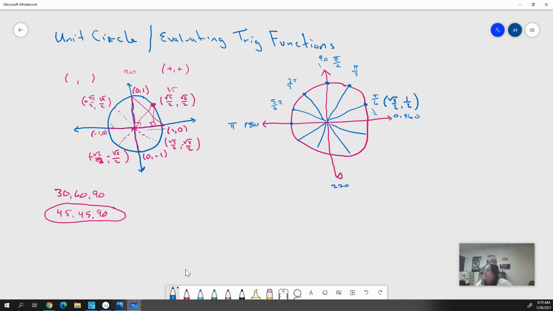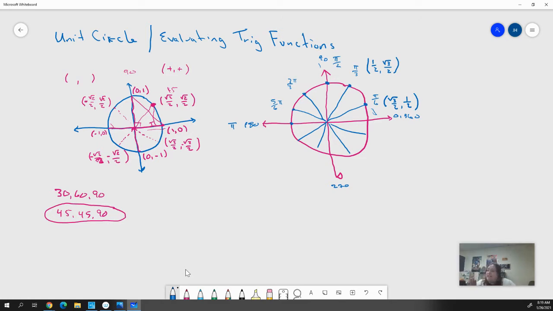What's interesting about this is our 60-degree angle, or our pi over 3, is the opposite. It's just 1/2 over radical 3 over 2. So those are always going to be the same.